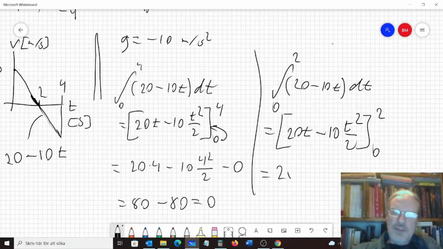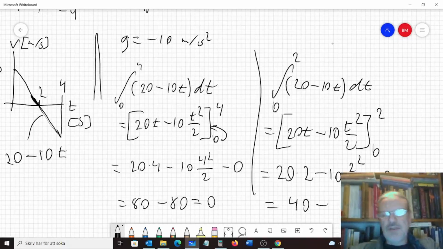That will give us 20 times 2, which is 40, minus 10 times 2 squared over 2, and then 0 into this will give us 0. 40 minus 2 squared over 2, that's 2 times 10 is 20, so that will give us 20 meters. So it will move 20 meters up.